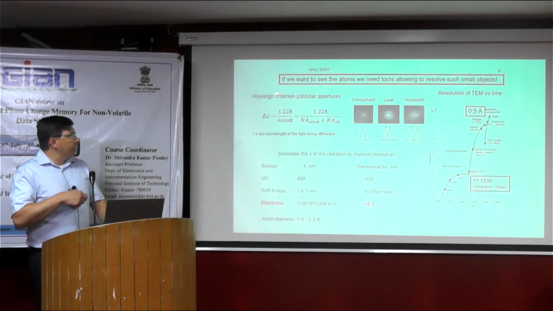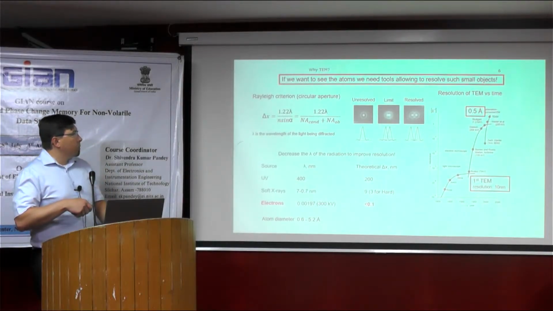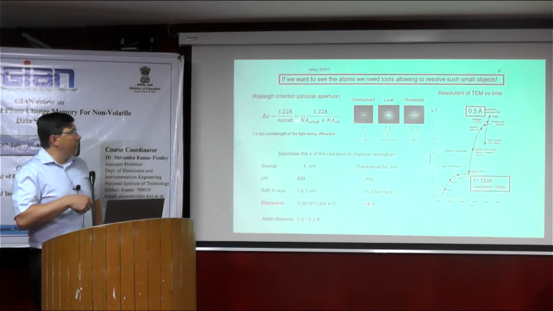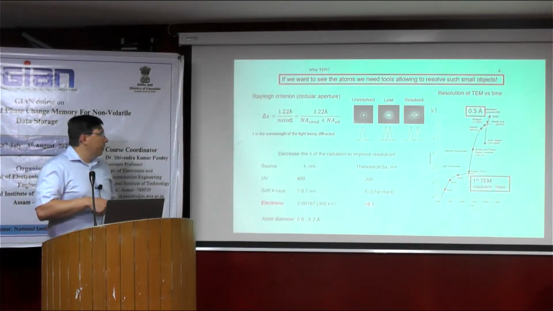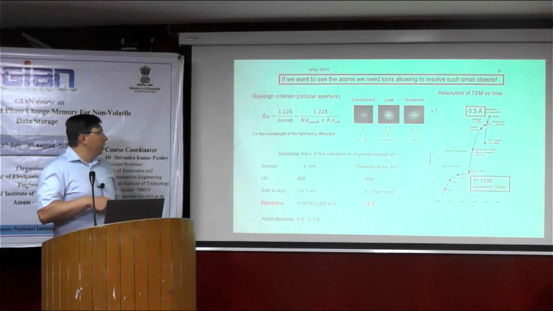This criterion is given by Rayleigh, who stated that you can resolve two closely spaced objects by this equation: it is equal to 1.22 lambda divided by n sine alpha. Lambda is the wavelength, in this case of light, n is the numerical aperture, and alpha is the diffracted angle.